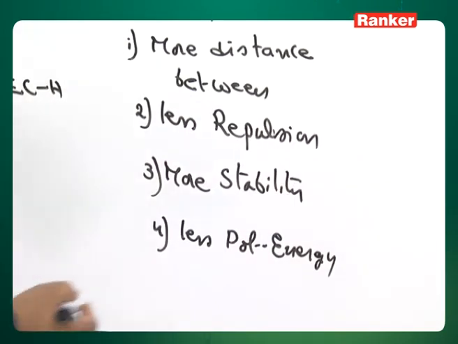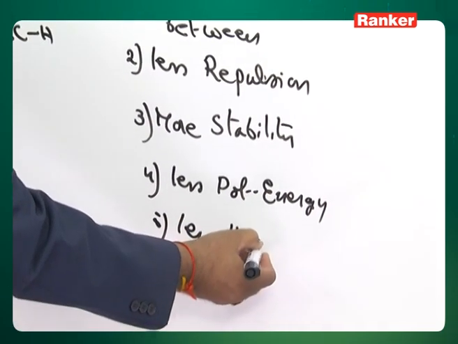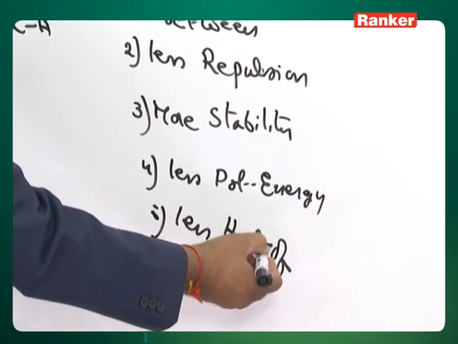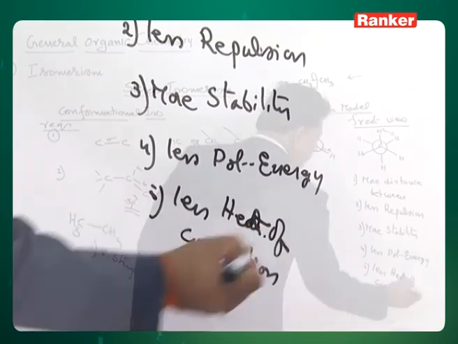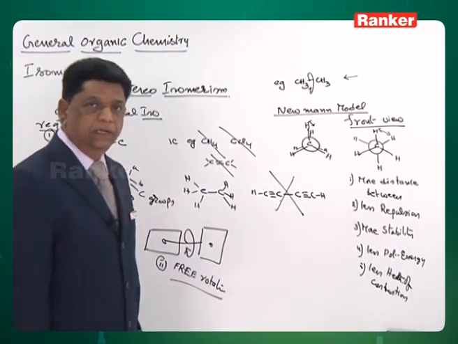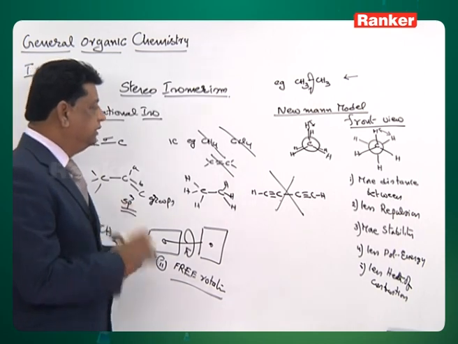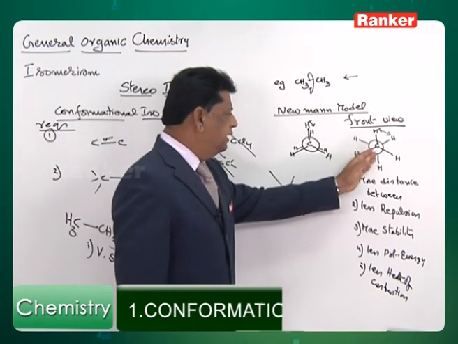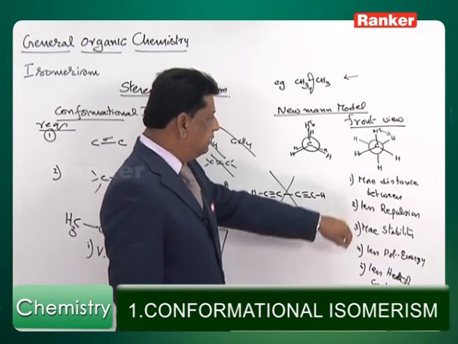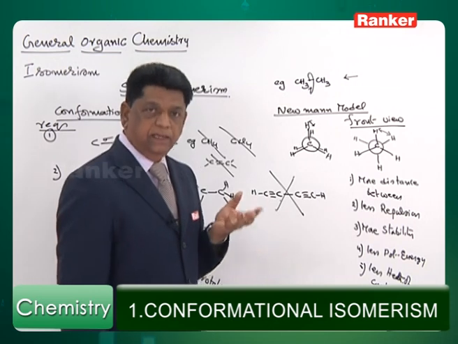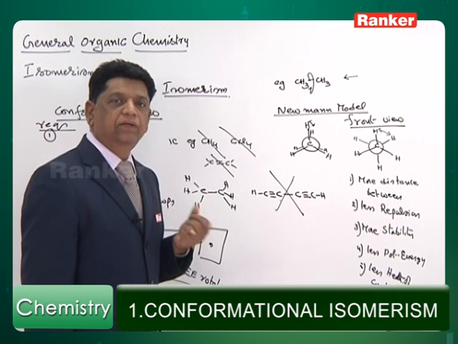So, this molecule will have a lower heat of combustion. Combustion means what? When the molecule breaks into carbon dioxide and water, the energy liberated per mole is called heat of combustion. Both give carbon dioxide and H2O in the same moles, but a small quantity of heat is less liberated in one and more liberated in the other. That is enough to identify them as different compounds.